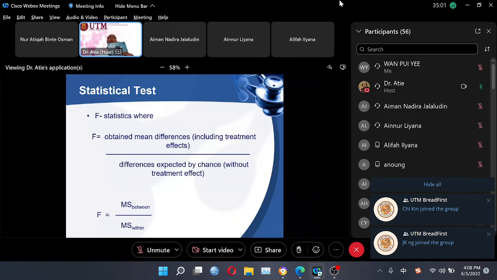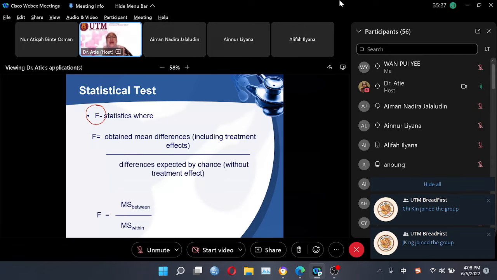So you have a different table. This table is called the F test table, the F distribution table. This one can only be used when you are using ANOVA. So for ANOVA, you need a special statistical table, which is called the F table.